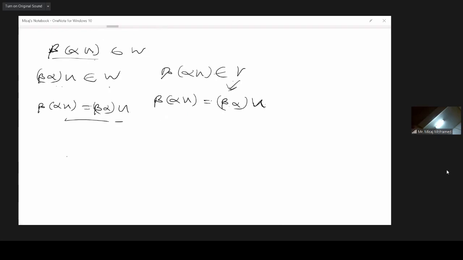What is the next property? Scalar identity.